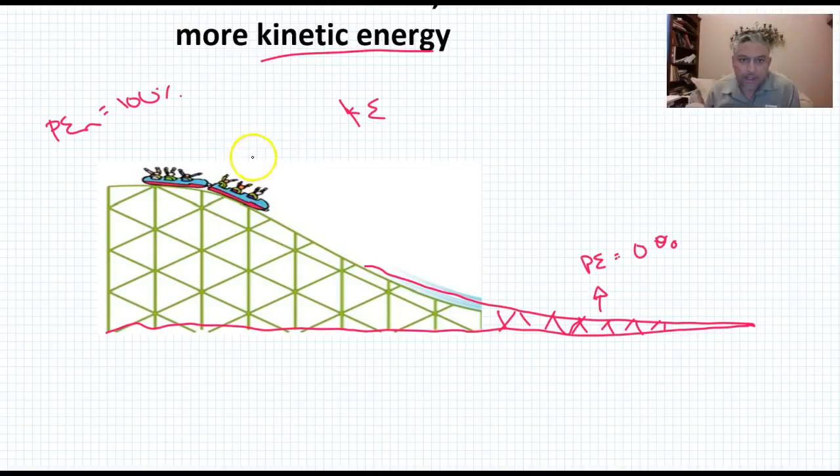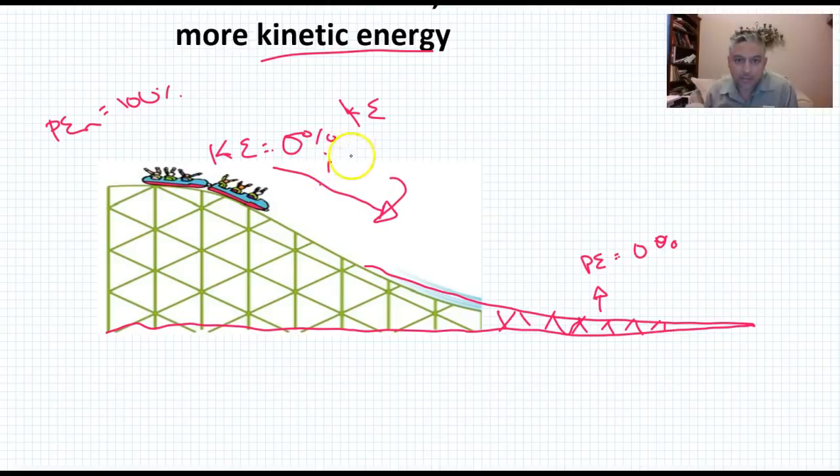Kinetic energy at the highest elevation is going to be equal to 0%. If there is no movement at the highest elevation, it is the opposite of potential energy, as you can see. So kinetic energy is 0%. And as the object moves downward, the kinetic energy is going to be increasing.